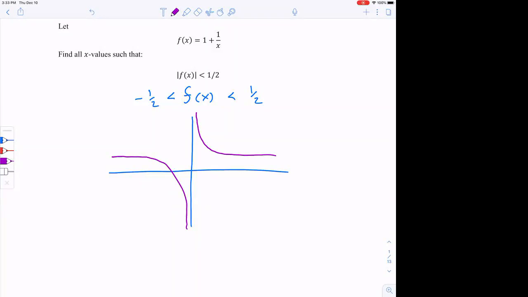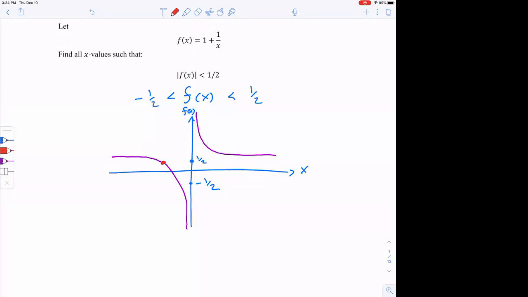Okay, and we are looking for f of x values. This vertical axis here is f of x. We want f of x values in between minus a half and a half. So let's try to search for those values. 1/2 would be about right there, and minus a half would be about right there. So we want to know, what would this point right here be?